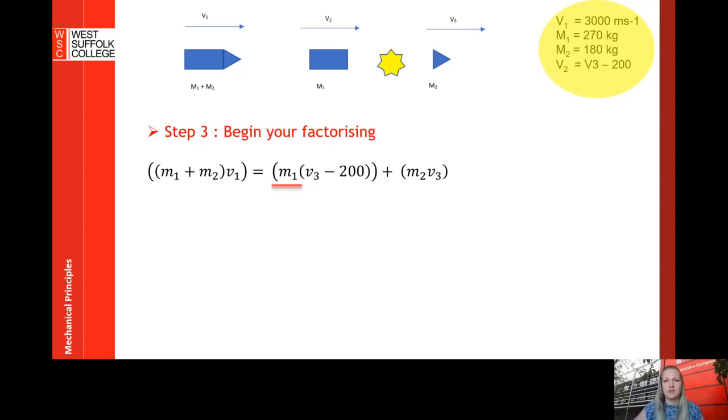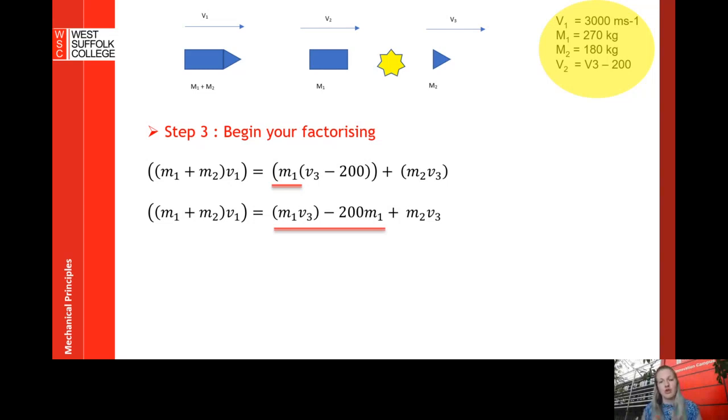So if we want to factorize M1 out, we want M1 times V3, and then M1 times minus 200. That is then going to give us M1 V3 minus 200 M1. You've then got the brackets of M2 and V3.